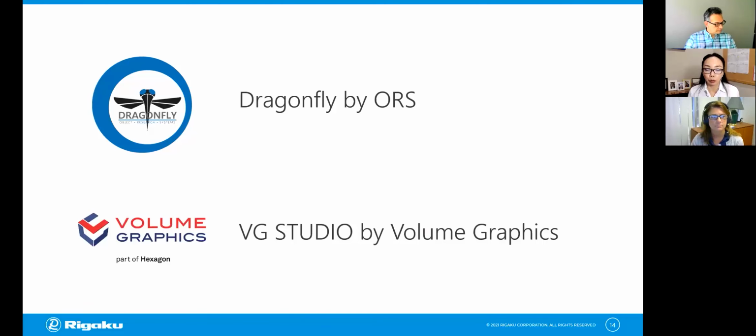And Dragonfly has a really good deep learning module you can use for them. If you are doing, on the other hand, more of a dimensional analysis to measure the sizes of things or comparing the results to CAD drawing, then VG Studio by Volume Graphics, I'm going to say, is almost a de facto standard in the industry to use. So those are two other tools you can use.